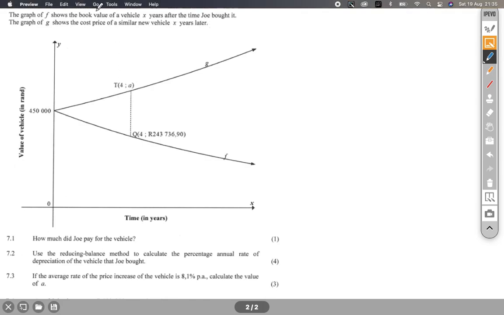What we can tell from these two graphs is that this is for depreciation and this is for appreciation. Now we can start answering the questions. This is how much he paid. He started off with 450,000.